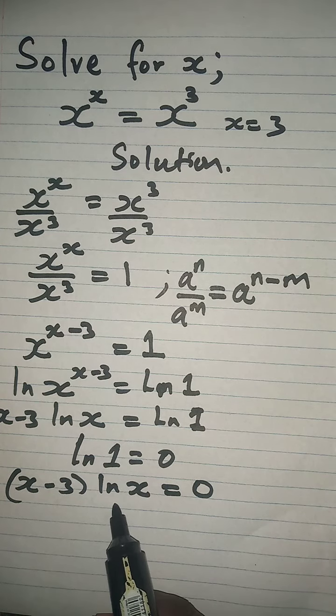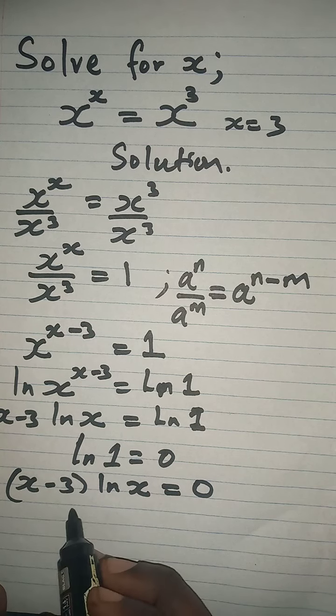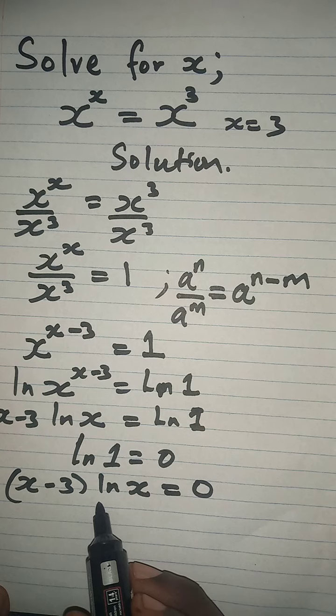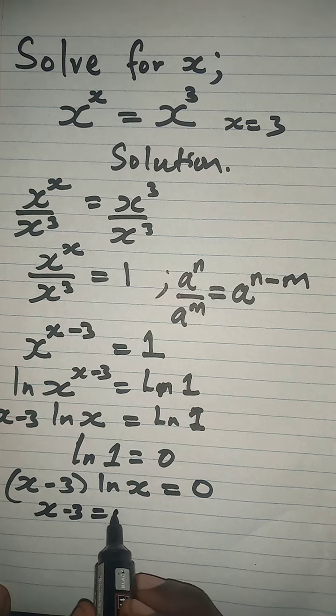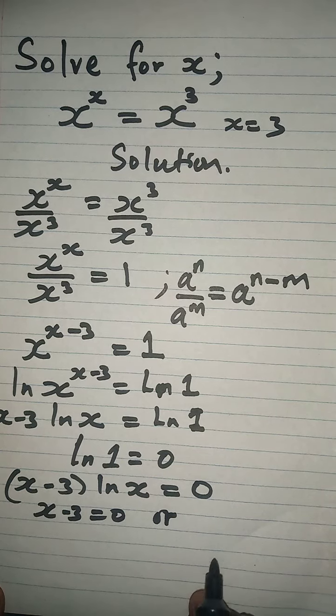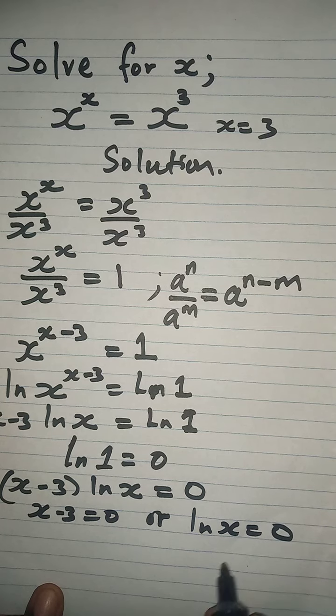This is a product of two functions, x minus 3 and the natural log of x. Since it is a product, it is either x minus 3 is equal to 0, or the natural log of x is equal to 0.